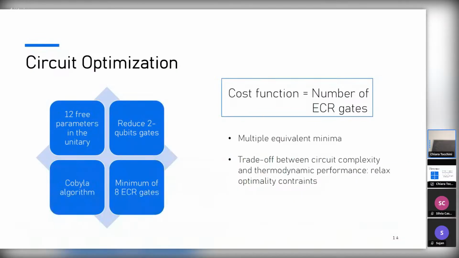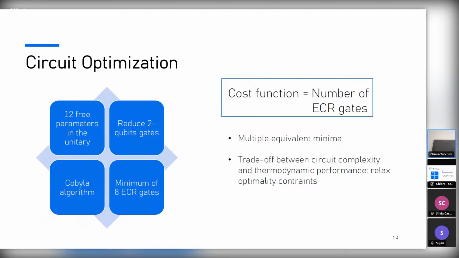After that, we have seen that in the unitary matrix, in the most general form, we have 12 free parameters. So we do an optimization to find the set of parameters that minimize the number of ECR gates, that were actually the 2-qubit gates on the IBM quantum computer.